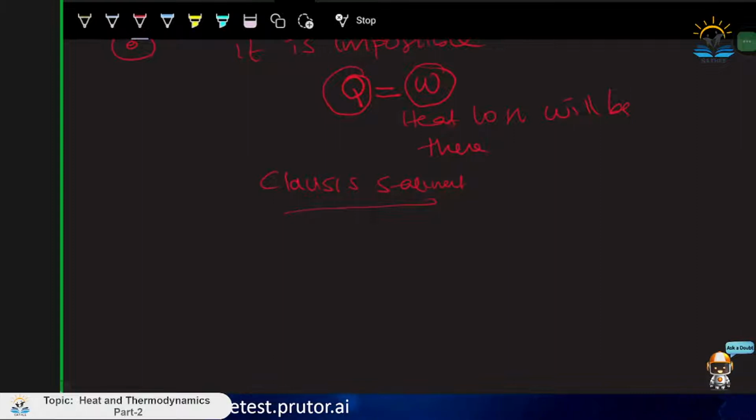That means we cannot transfer heat from a cooler reservoir to a hotter reservoir without doing external work.